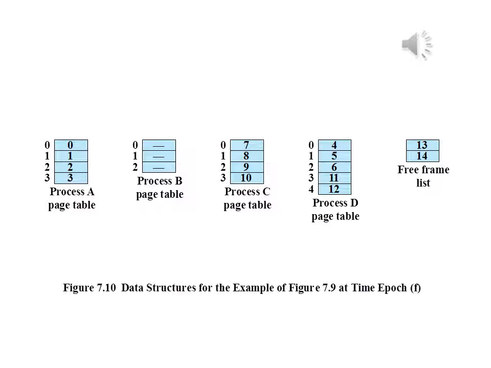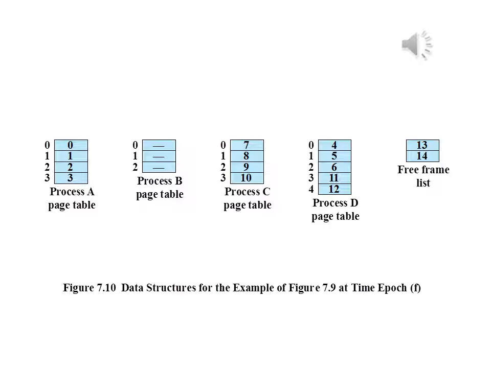Continuing our example, the 5 pages of process D are loaded into frames 4, 5, 6, 11, and 12. The figure here shows the various page tables at this time. A page table contains one entry for each page of the process, so that the table is easily indexed by the page number, which starts at page 0.